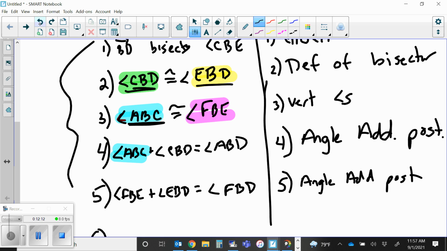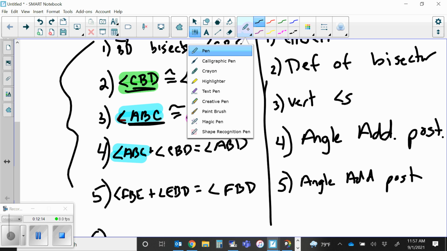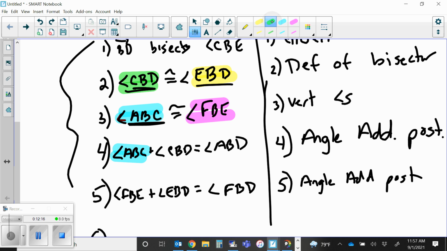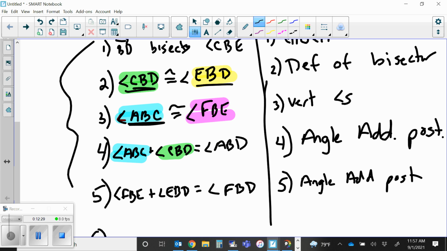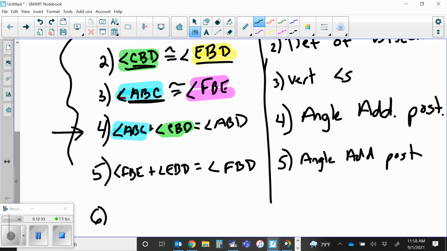What can I replace this one with? What can I replace that one with? Do you follow me? So right now, I'm going to write the same number 4, except I'm going to change the stuff that's in blue. So it's going to become not ABC, but what am I going to make it?